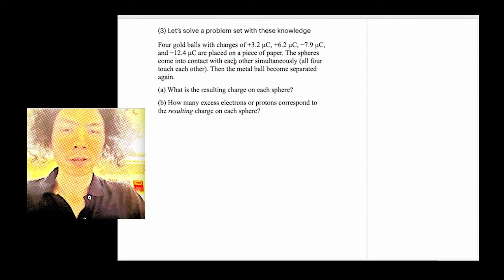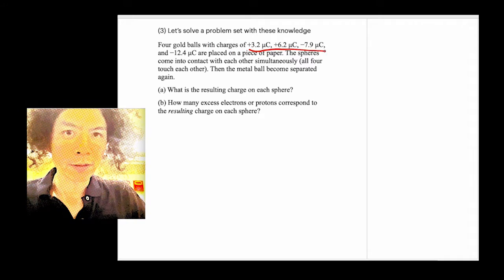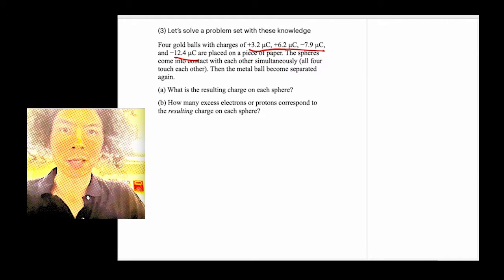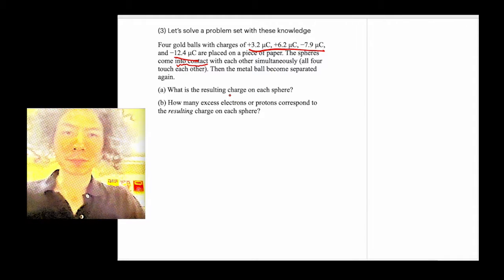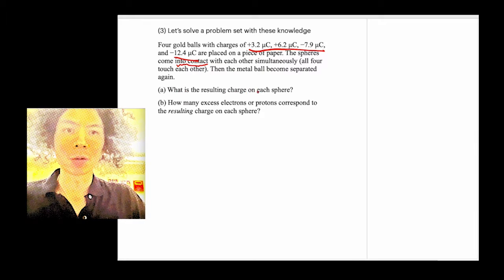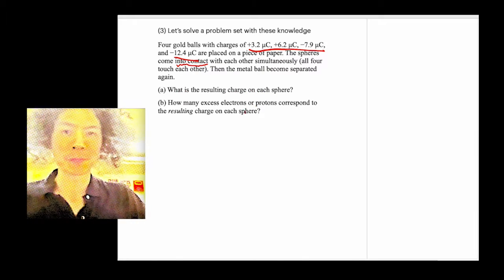From this, all you have to read is these numbers. A piece of paper is kind of useless information. Finally, they came into contact with each other simultaneously. What is the resulting charge of each sphere?